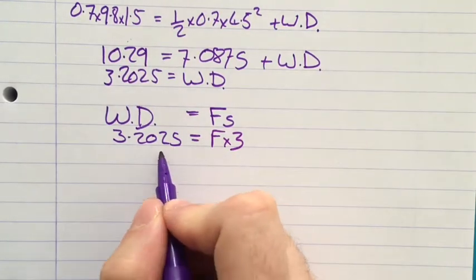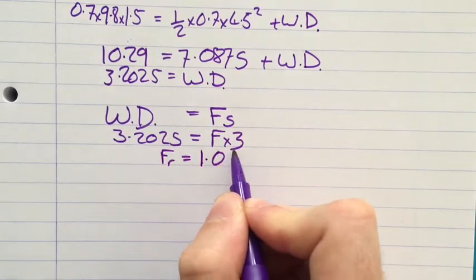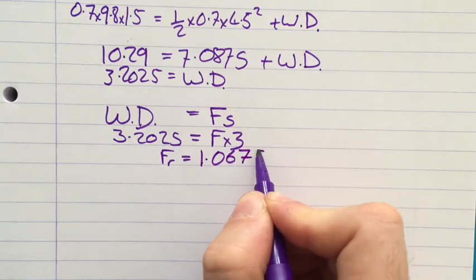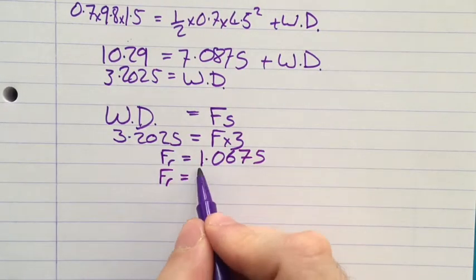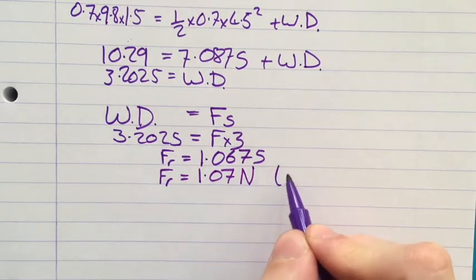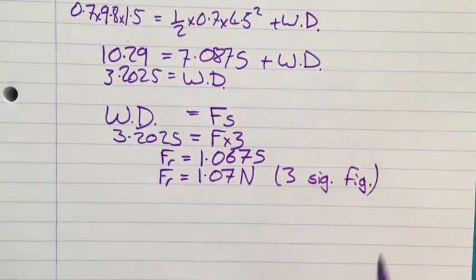By dividing through by there, we get our frictional force is equal to 1.0675, which again rounds to 1.07 newtons, and that's again to three significant figures. Second example done.